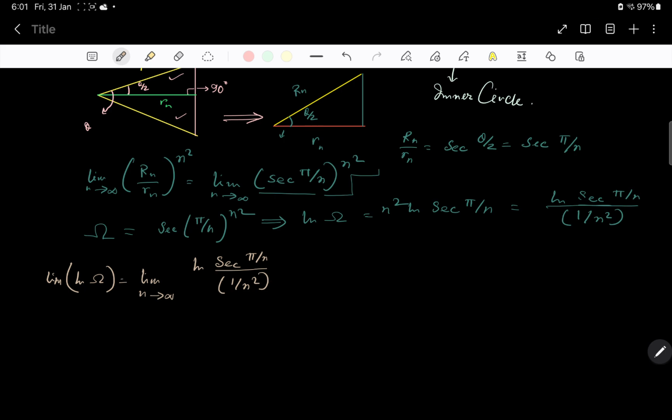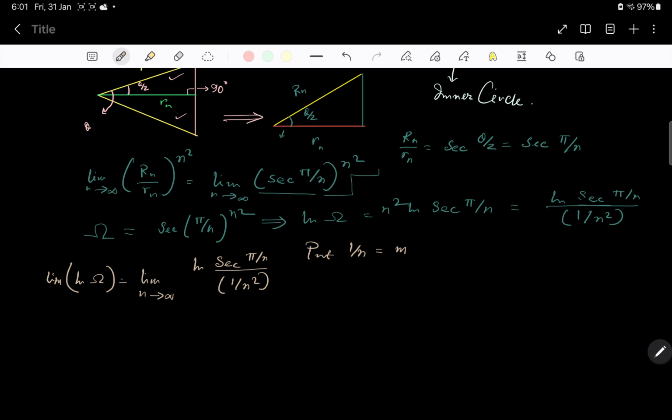Now we will do another substitution over here. Put 1 over n equal to something, suppose m.